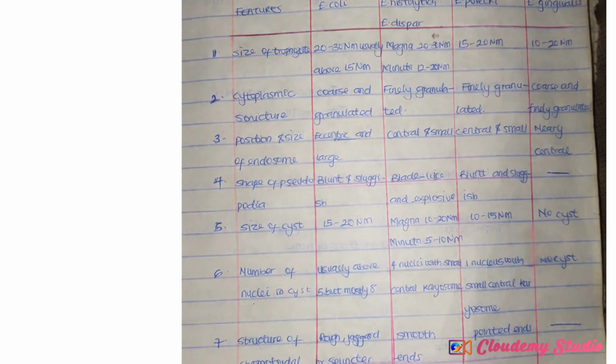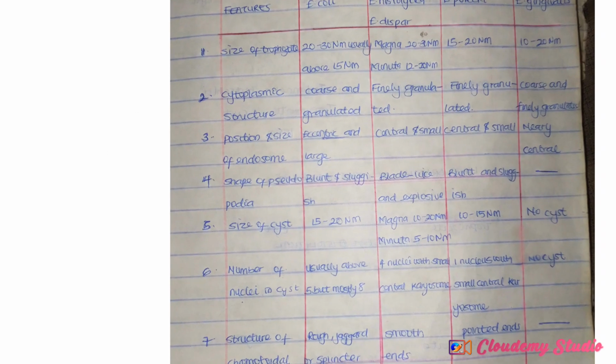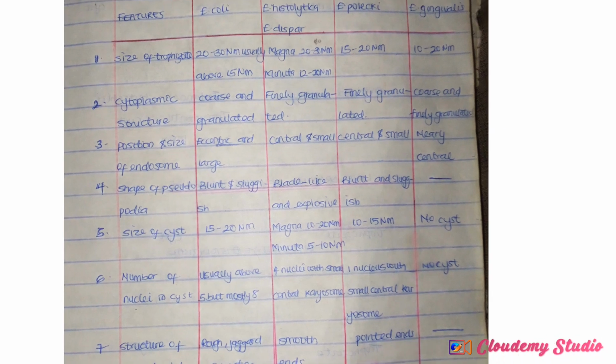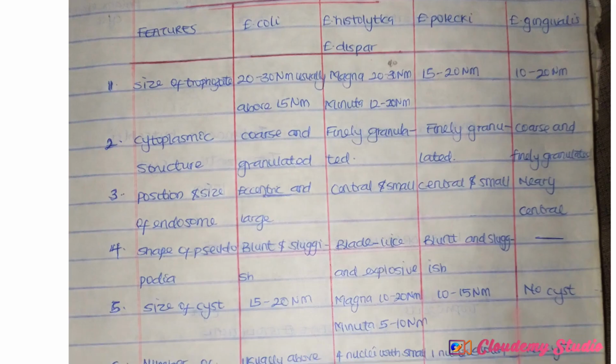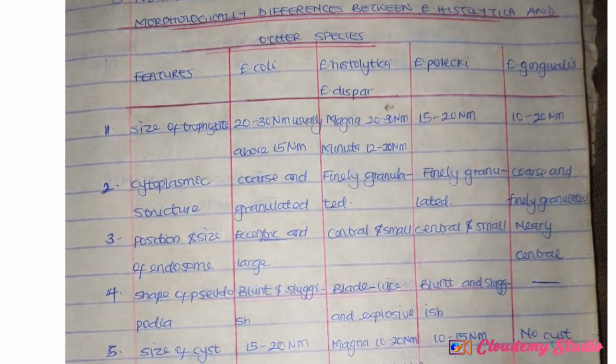Now, this is an image that shows the morphological difference between Entamoeba histolytica and other species. Now look at Entamoeba coli. The size of their trophozoites is about 20 to 30 micrometer, usually about 50 micrometer. You understand?